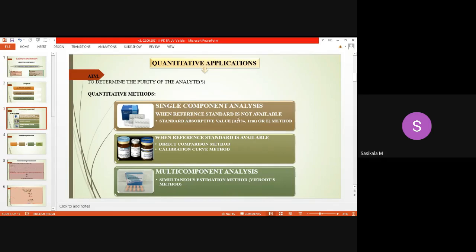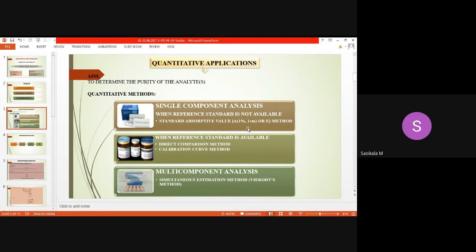When a reference standard is not available, you can go with the IP method. So what is the IP method? The A 1% 1 centimeter method, the absorptivity value method or standard absorptive value method. Absorptivity represents the absorption coefficient. For a 1% solution, absorbance is calculated and it depends on the molecular weight of the sample.